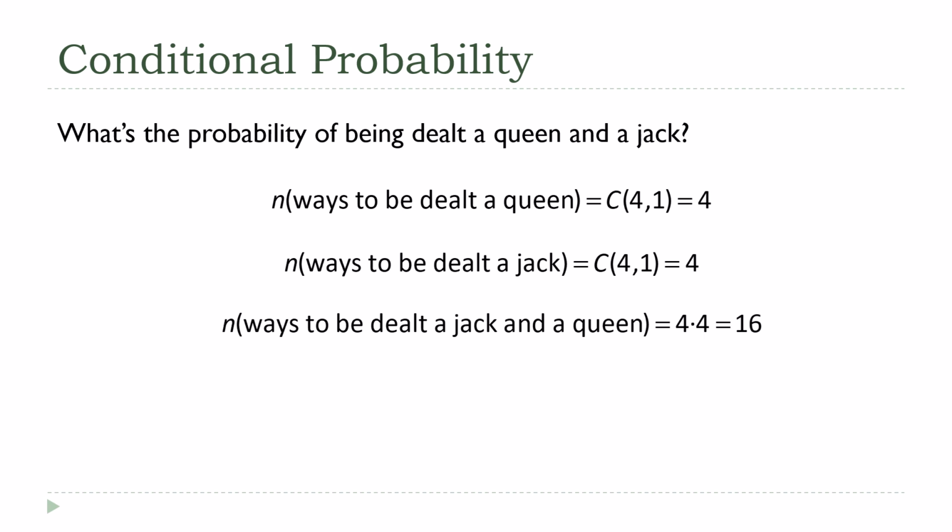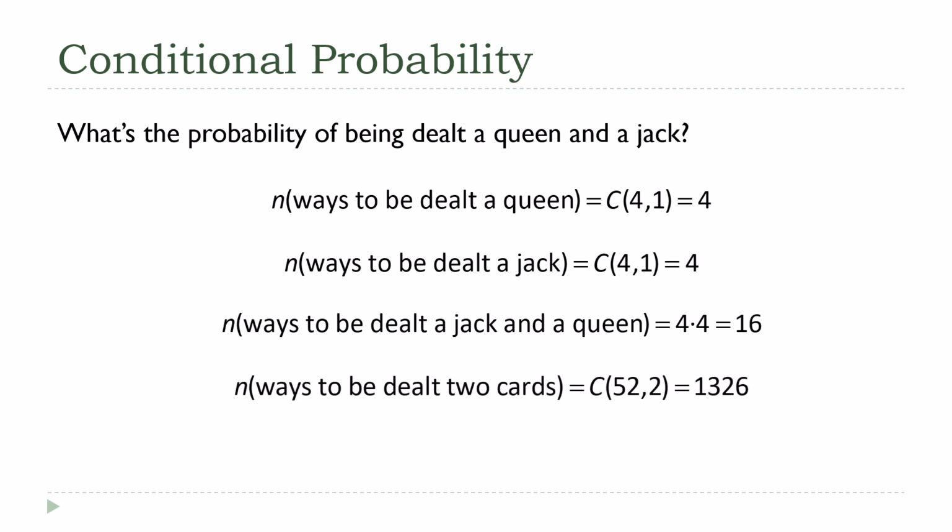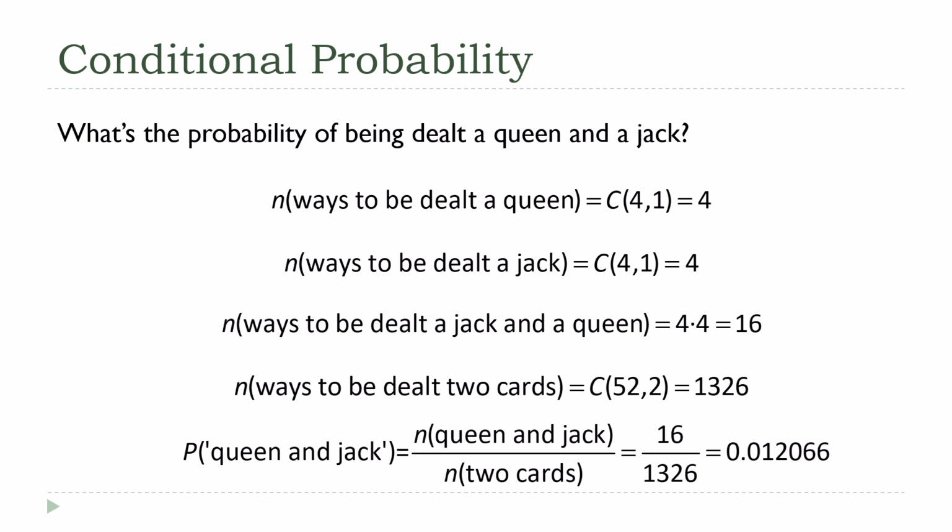So that's how many ways to get a success, so to speak. How many ways are there to be dealt a hand of 2 cards? That's 52 choose 2, which is 1,326. If we now go to our basic probability formula, it's the number of queen and jack hands divided by the number of 2-card hands, which comes out to exactly the same number. So we are getting the same results regardless of which method we use.